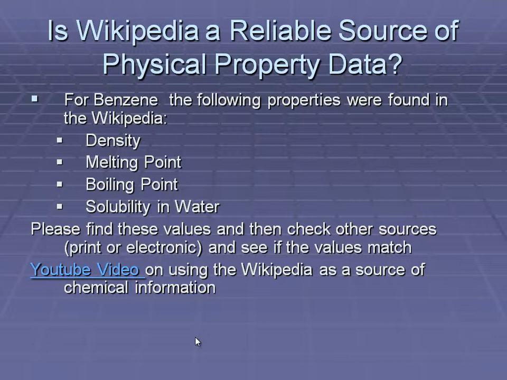In the past, I've given students an exercise. I use benzene, which of course is a very common substance. Find the density, melting point, boiling point, and solubility of benzene in the Wikipedia, and then look for it in other sources, and they've seen that it matches. So I think you have my permission to use the Wikipedia to find physical property data. But again, it's not going to be exhaustive, so you may have to look at other sources.